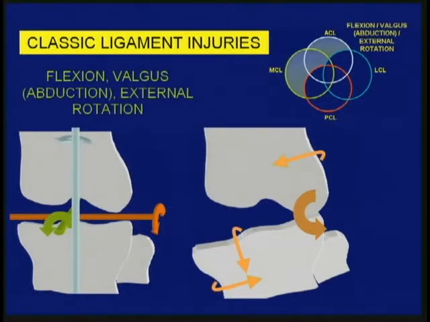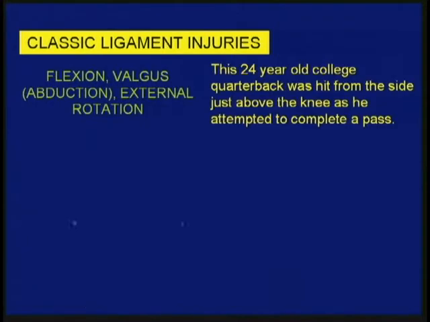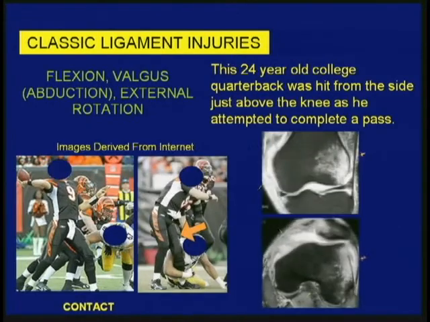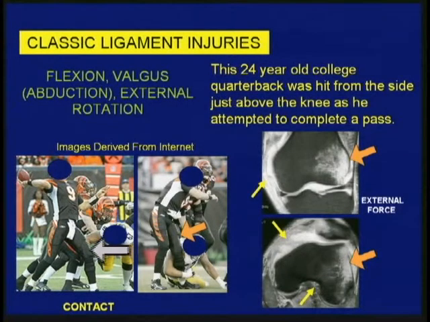And to give you an example, this is a 24-year-old college quarterback who was hit from the side just above the knee as he attempted to complete a pass. You can see here exactly flexion, valgus, and external rotation, taken from the internet, showing you exactly how that would occur.